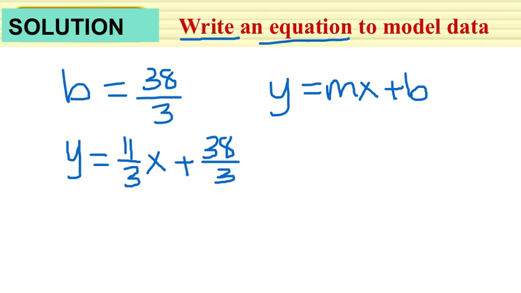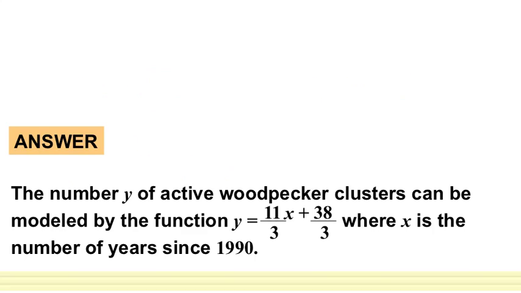And you could also simplify these fractions, or not simplify, but evaluate them and write them as decimals. That's another way to do it, but that's the equation of the line. So in the next slide, you'll see how we actually write this answer, because it is a word problem, so we're going to answer the question.